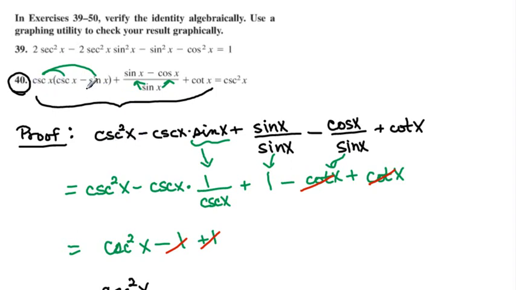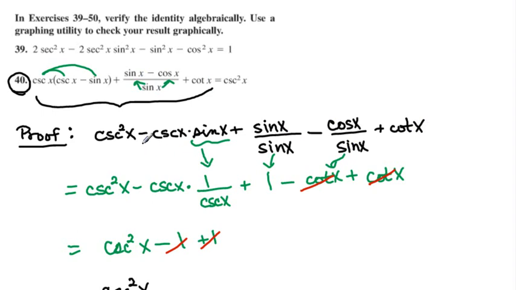Distributing cosecant x to sine x, we get the product of minus cosecant x times sine x. And then when you have a numerator divided by a single term, you can divide that denominator into each of those terms of the numerator. So that would leave us with sine x over sine x minus cosine x over sine x, plus, don't forget that, cotangent x.